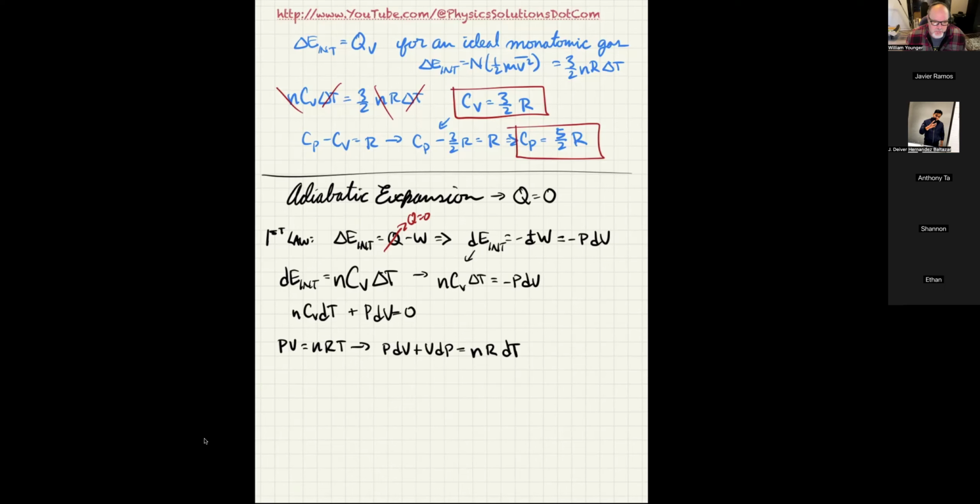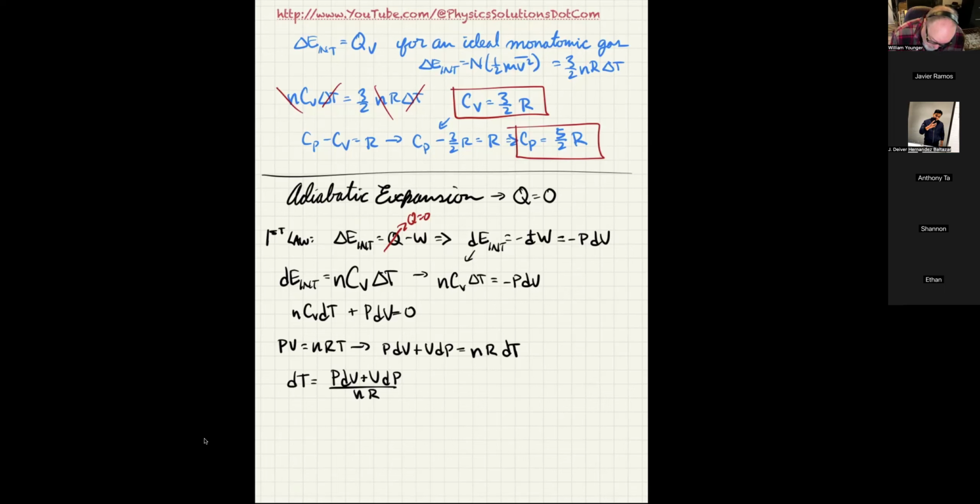And we should be able to combine these equations. For instance, I can solve all this for dT. So if I solve this for dT, I get P dV plus V dP over N times R. Now I could plug that back into the equation we had above.